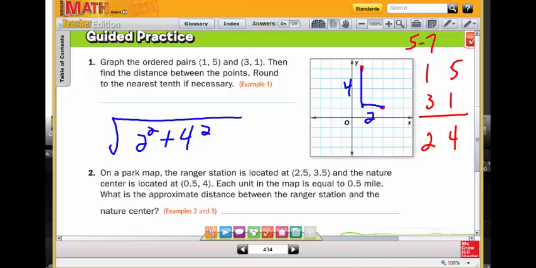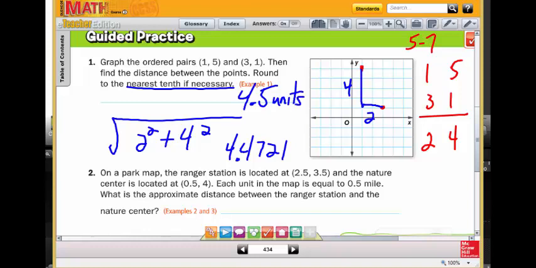And the square root of 2 squared plus 4 squared would be 4 plus 16, or the square root of 20 if you go that way, and that ends up being 4.4721, and they want this to the nearest tenth, so our answer is going to be 4.5, and in this case we're going to write the word units because we don't have a specified unit, but it does have units because we are using a grid system here. So it should be 4.5 units.